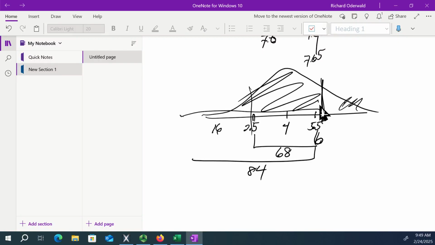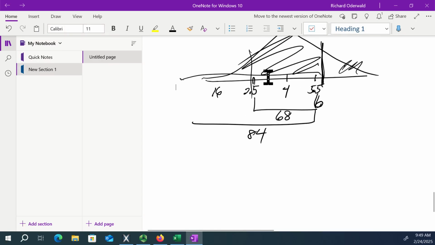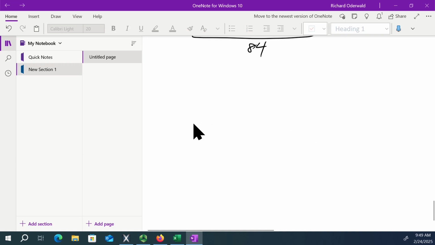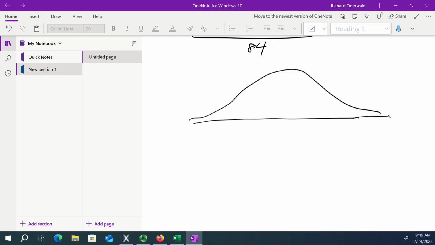What is the shortest wait time for the 25% waiting the longest? What 25% do I want? This is the 25% waiting the longest, so I cut it off here, and I want 25% of the area.